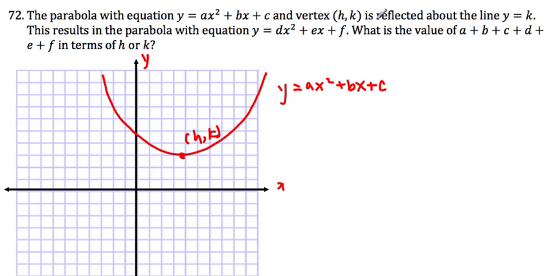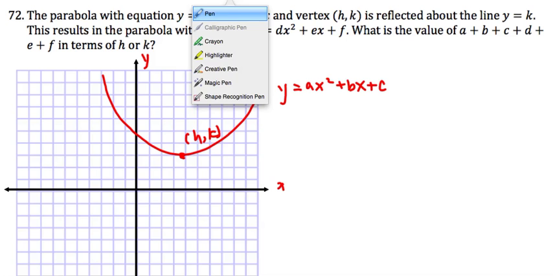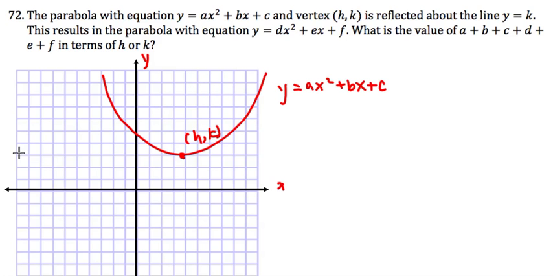Now, the reflection about y equals k. That means I'm going to use this line, and I'll say that's equal to y equals k. This results in a parabola with the new equation.